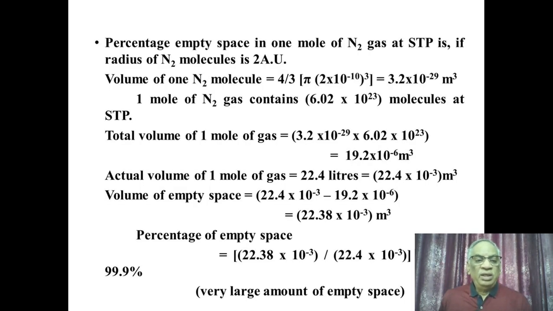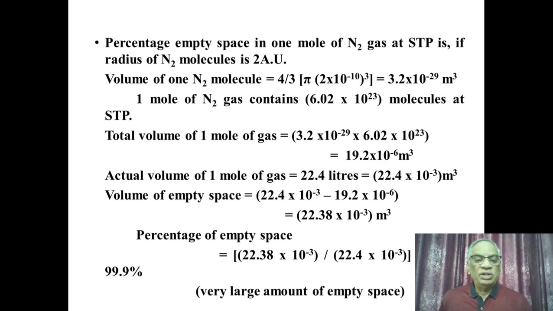We want to find the percentage of empty space in 1 mole of nitrogen gas at standard temperature and pressure, STP. The given radius of a nitrogen molecule is 2 angstrom units, that is 2 into 10 to the power minus 10 meters. So the volume of one nitrogen molecule is 4/3 pi r cube, which becomes 3.2 into 10 to the power minus 29 meter cube. 1 mole of nitrogen gas contains Avogadro's number, 6.02 into 10 to the power 23 molecules at STP.